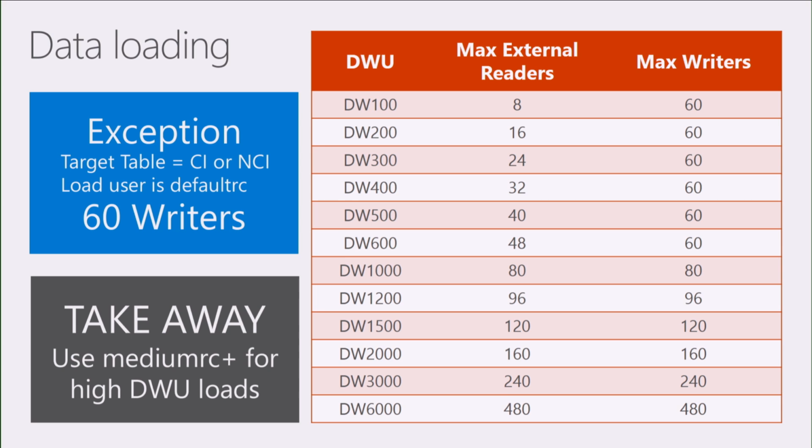When you're scaling, you actually increase the number of readers that are able to load data. And here we're specifically talking about our Polybase technology, because this is our distributed scale capability. As you increase the DWU, you're basically increasing your ability to read data faster.